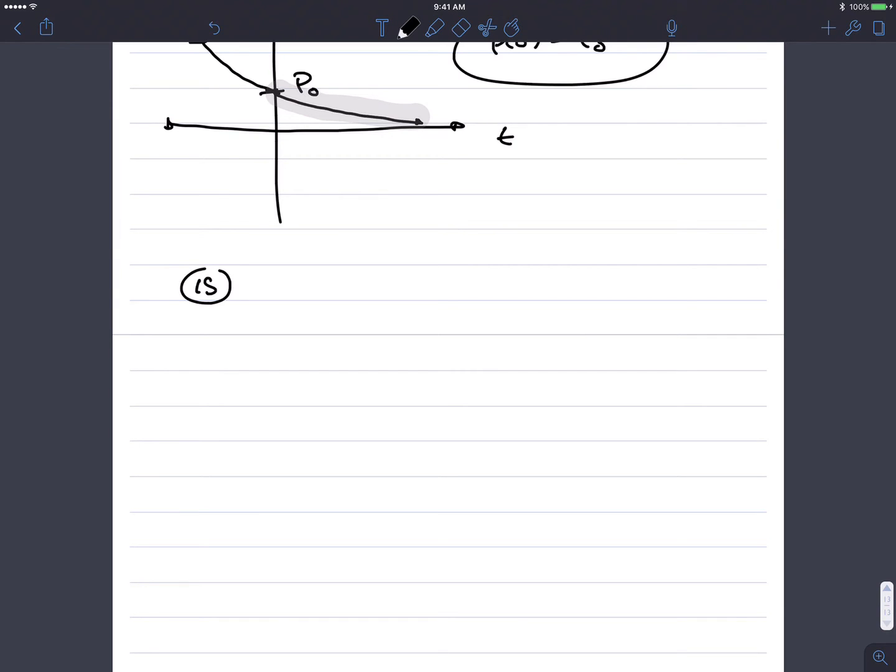ELAC student population in 2000 was 15,000 students. So this is ELAC population growth. So in year 2000, my population was 15,000 students.